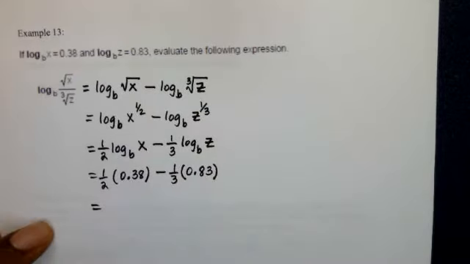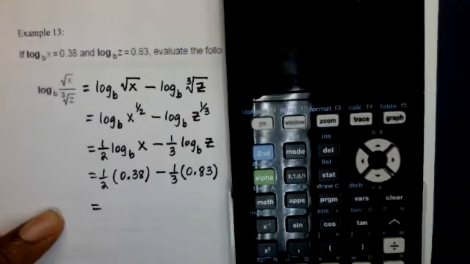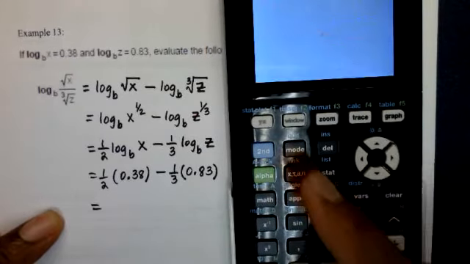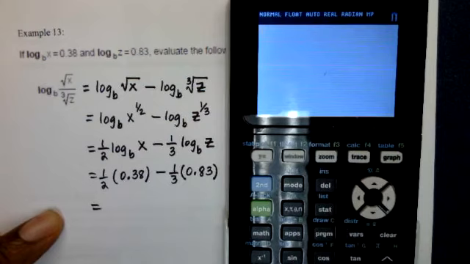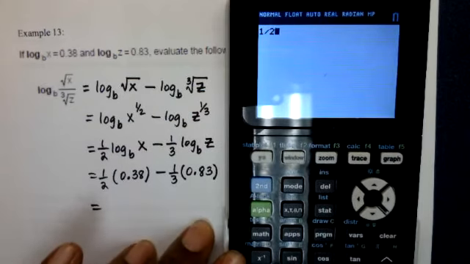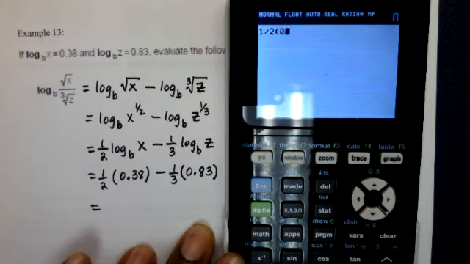Now, if I simplify this, I'm going to do 1 divided by 2, and then times 0.38, close parentheses, minus 1 divided by 3, and then in parentheses, 0.83.